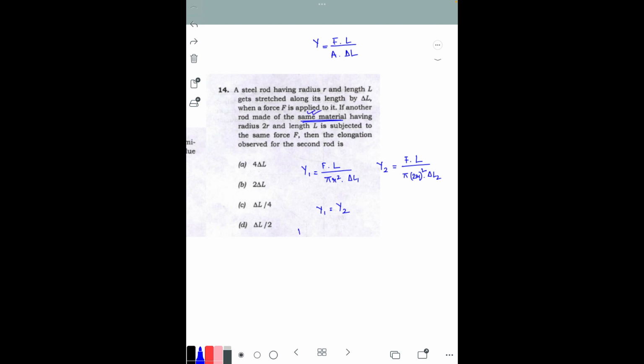So F into L divided by pi r square into delta L1 equals F into L divided by 4 pi r square into delta L2. So delta L2 equals delta L1 by 4. So the correct option is C, delta L by 4.